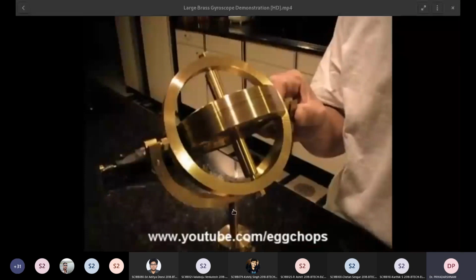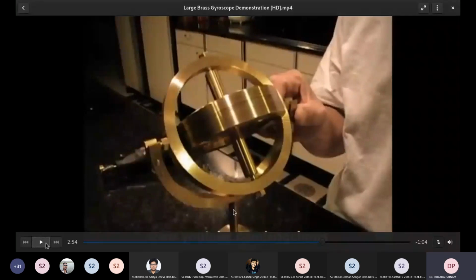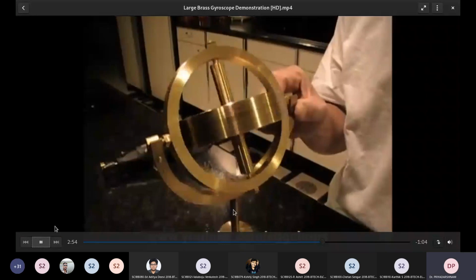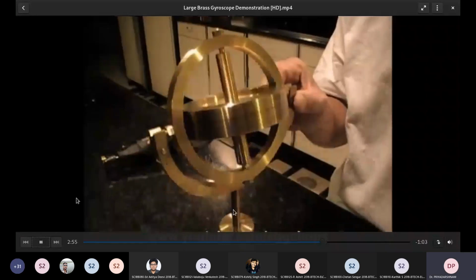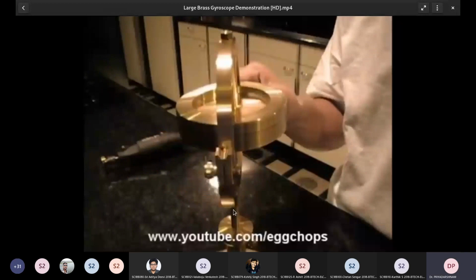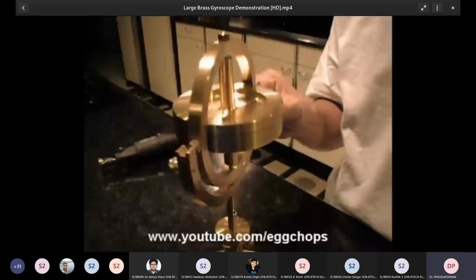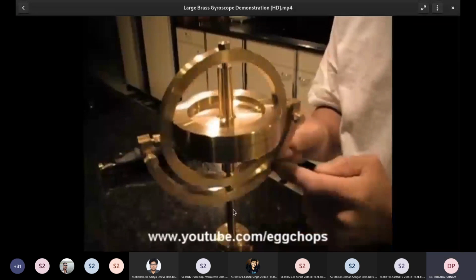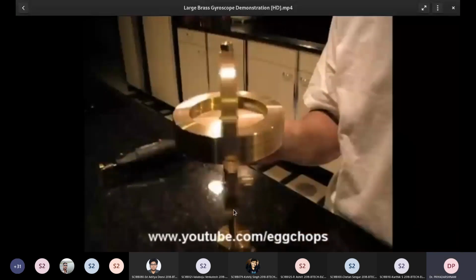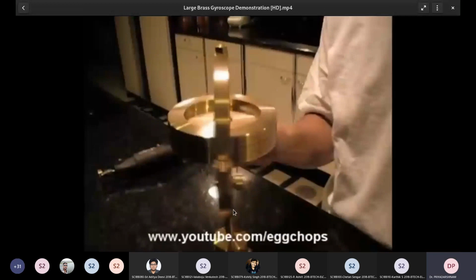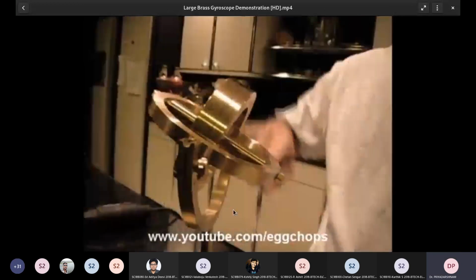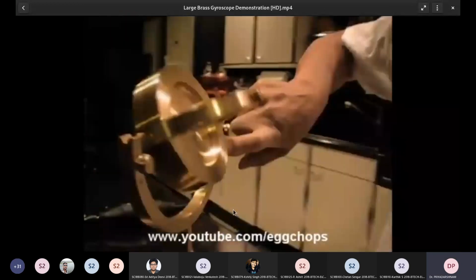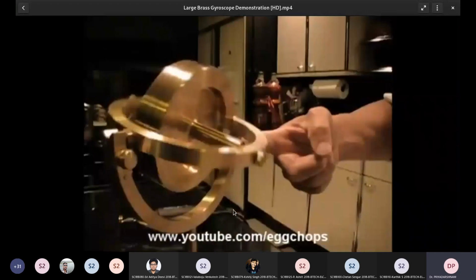Okay, so let us see. Basically, what he is doing is, so now when the axis coincides, it is very easy to spin. You can see with his fingers. But if the rotation axis is orthogonal, then it is very difficult for him to push. So he has to put a lot of force. He is showing that. But when he is trying to do that, you can see that the orthogonal axis will change.